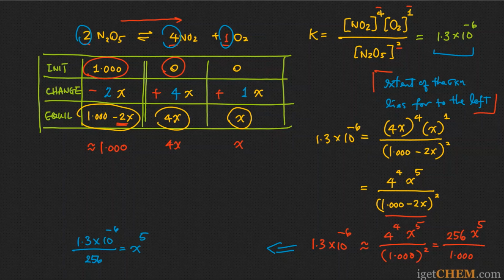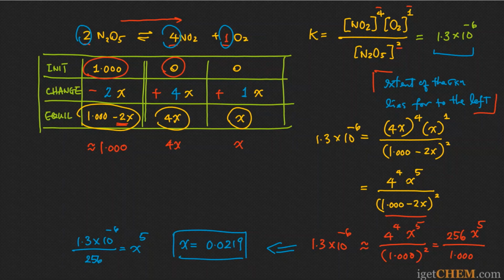And so what you can do is to just put the left side into your calculator, and you can then take the 5th root of that, and you will get the answer. X is equal to 0.0219. So that is the solution for x.